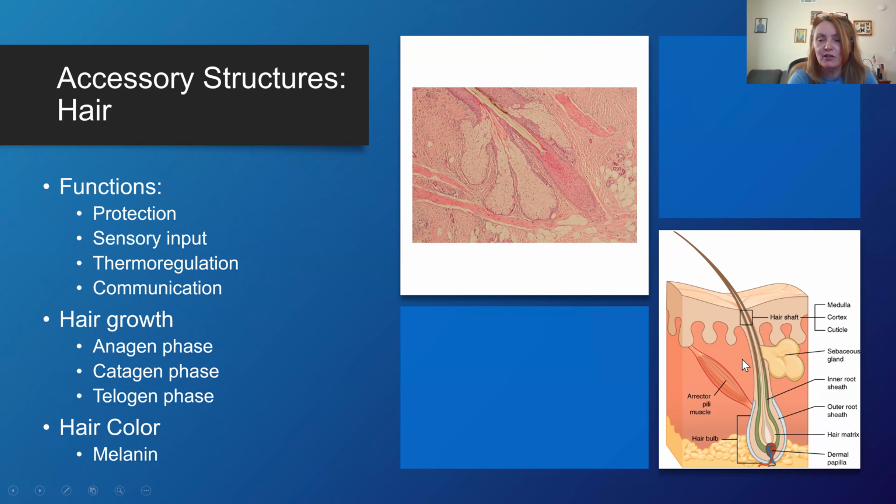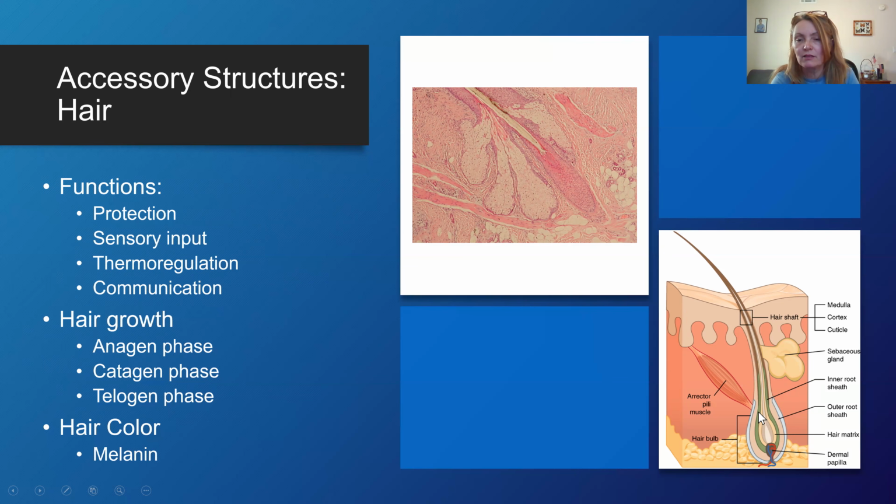If you look at hair structure over here, just very quickly, we have what is called a hair bulb. Whatever you see outside of your skin is called hair shaft, and whatever is deep in your skin is hair root.